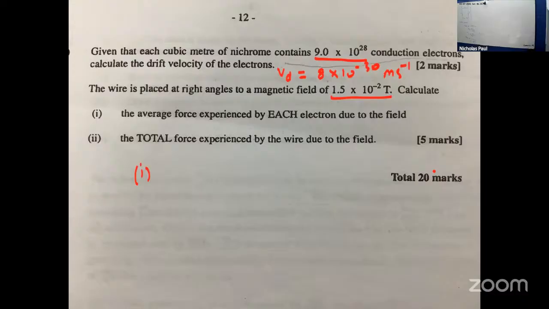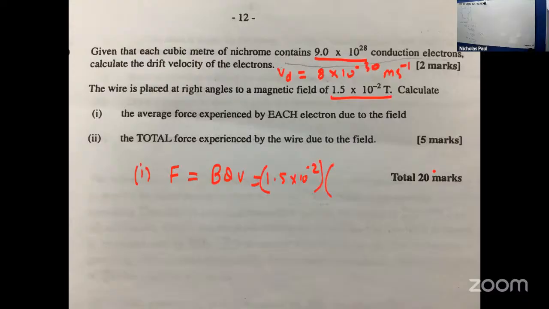F is the force exerted on the electron. That's a formula that we did today: F is equal to VQB. They gave us B. It's an electron, right?